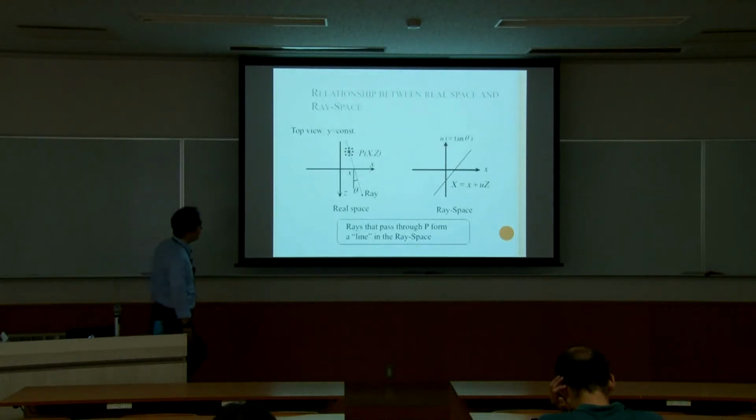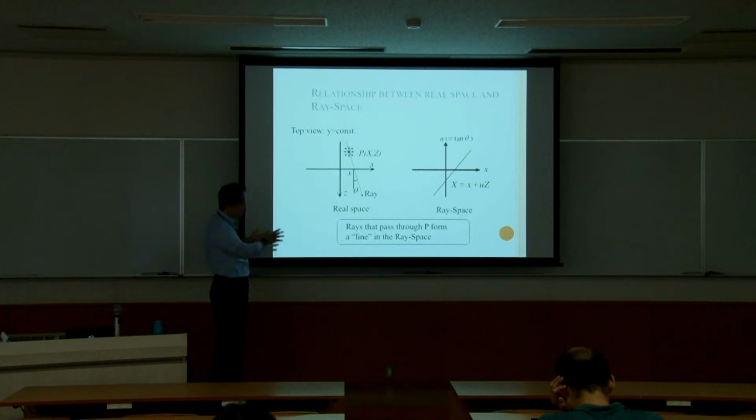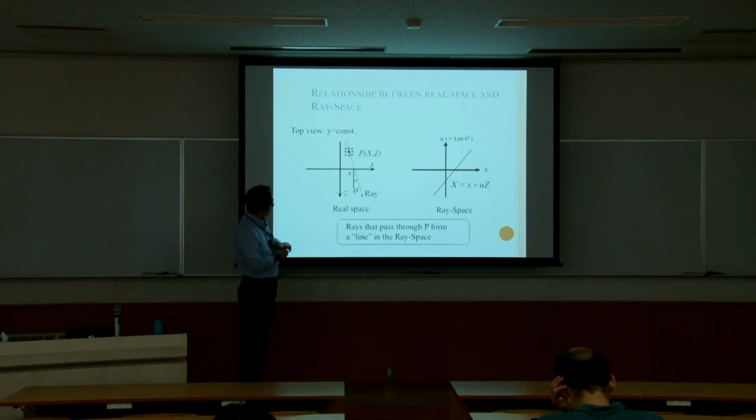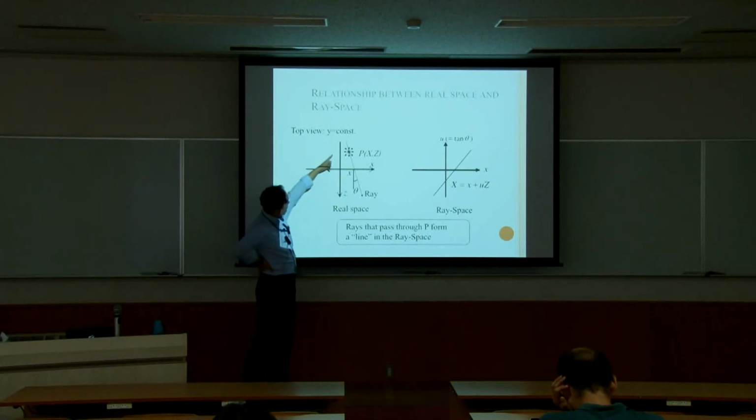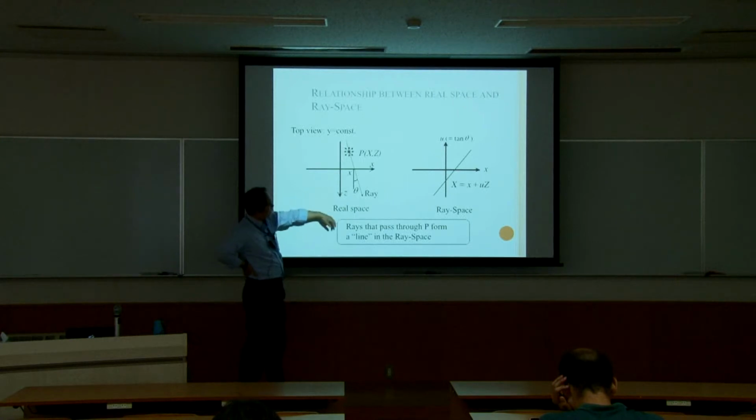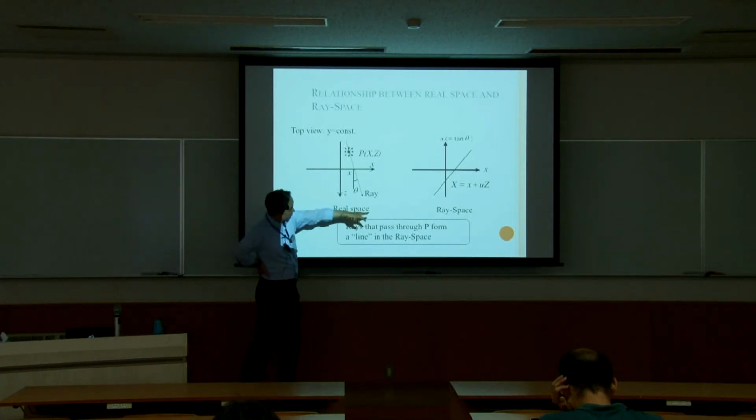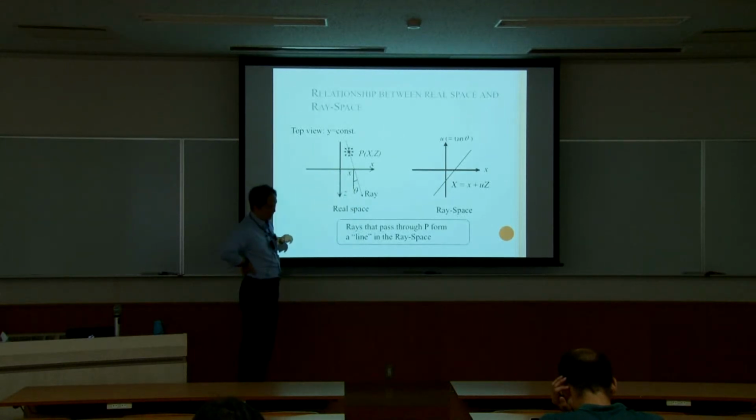So this is a very basic characteristic of ray space. The left is real space, top view. So a light ray comes here, and the intersection point is x, and the direction is theta, in the 2-dimensional case. And in the ray space, x and theta, but theta is transformed by tangent.